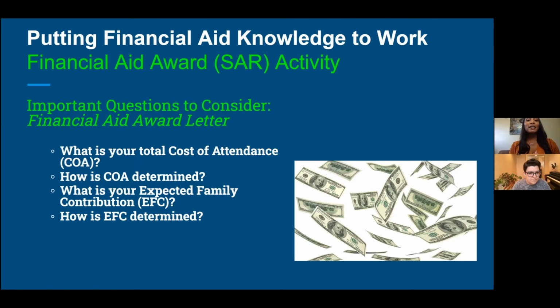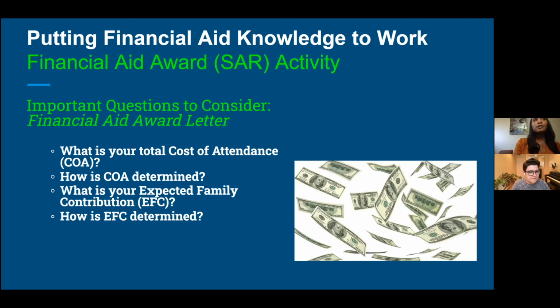How is your EFC determined? Okay, so this one I feel like is a little bit more complicated, but it's based off of parents' income. I think they take some of their assets into account as well. And then me as the student, any financial contribution that I could potentially make as well. That's exactly it.